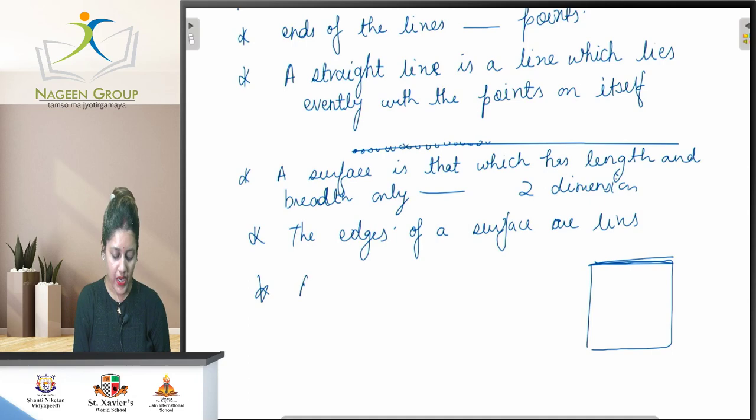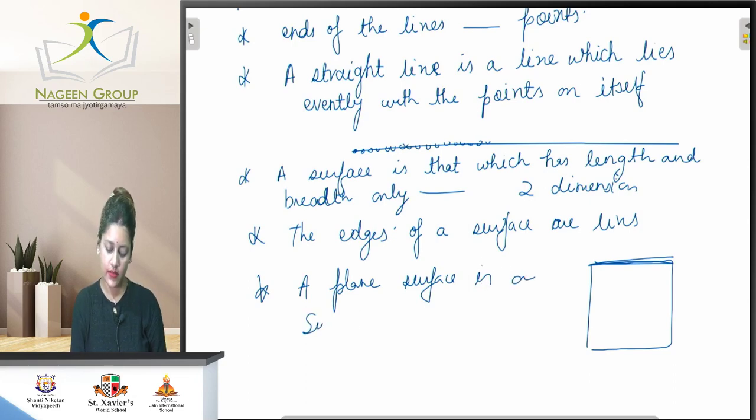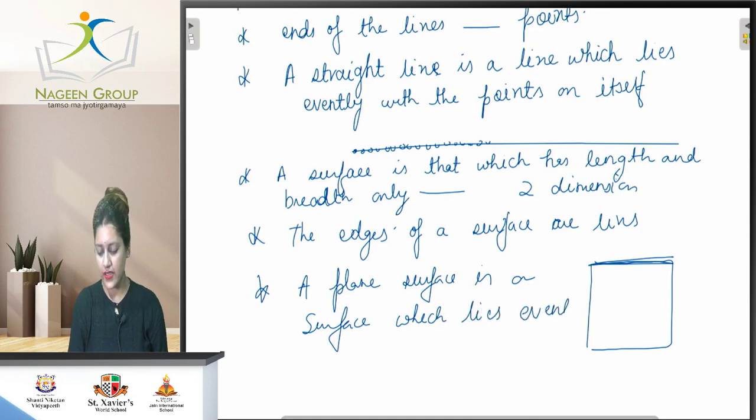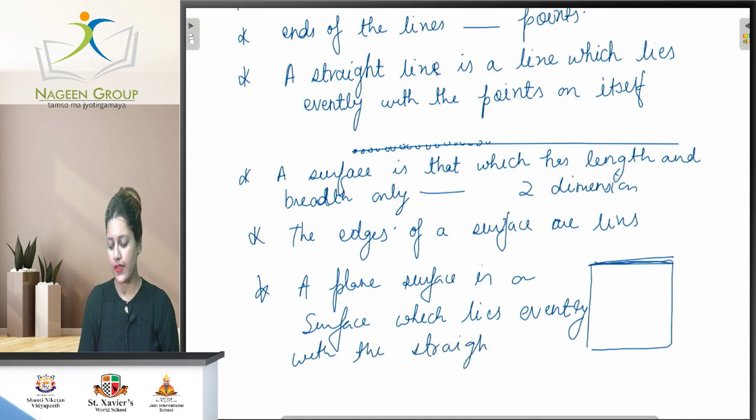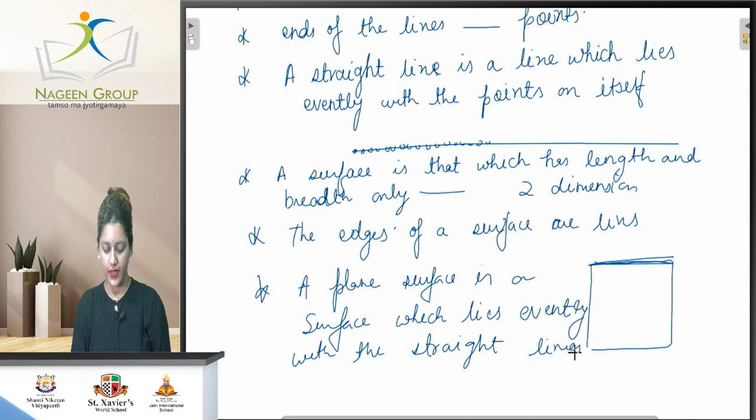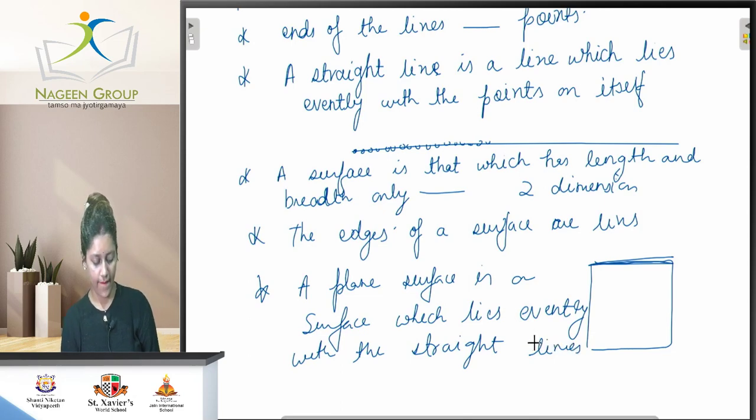After that, a plane surface is a surface which lies evenly with the straight lines on itself.